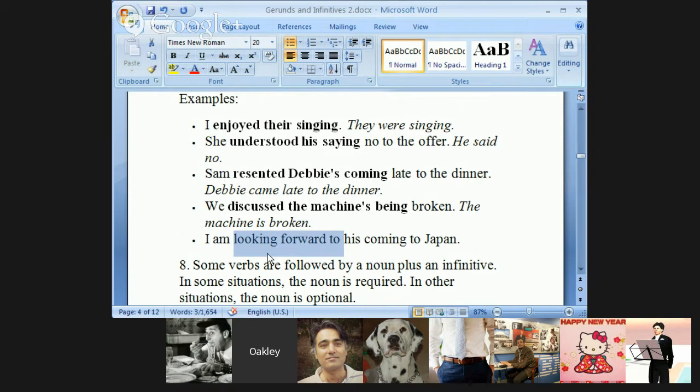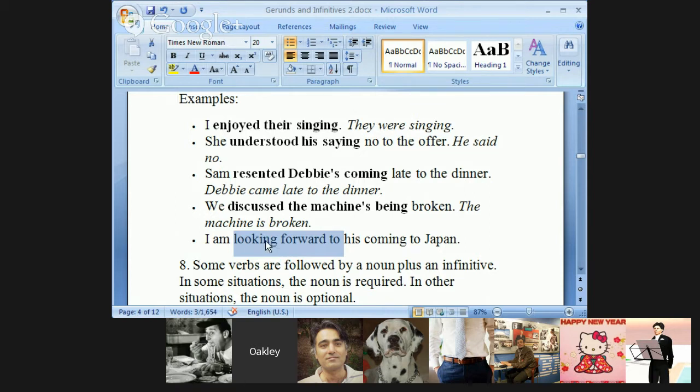The reason is that look forward to is a three-word phrasal verb. You can consider this whole thing as one word. That's how it functions, as a unit, as one phrasal verb.